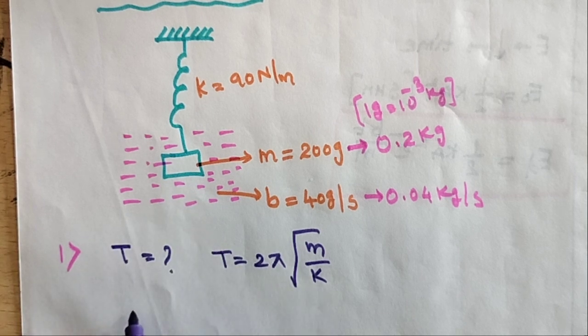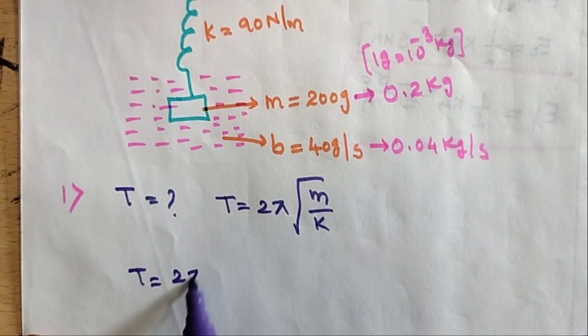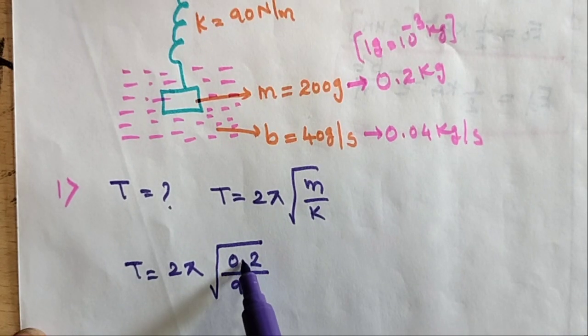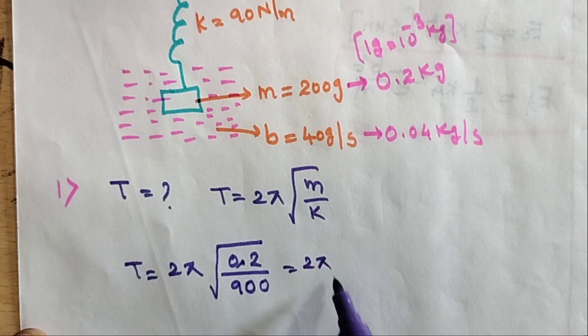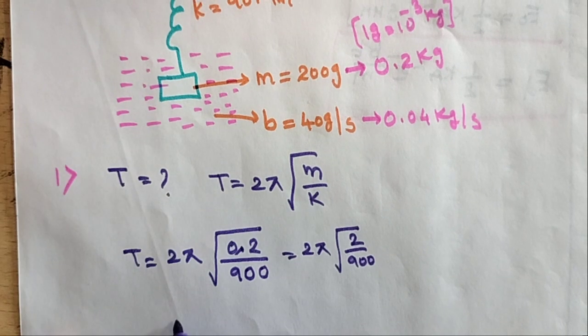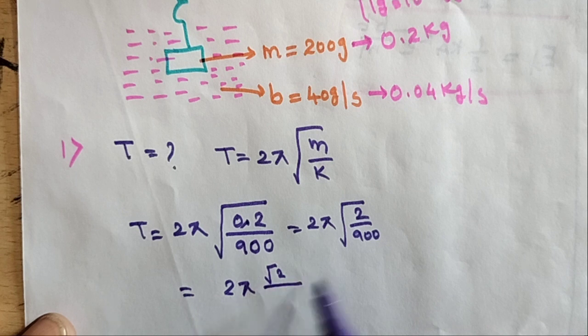Substituting all values, T is equal to 2 pi under root of 0.2 by 90. Removing the decimal point, this is 2 pi under root of 2 by 900, that is 2 pi root 2 by root 900. The root of 900 value is 30.